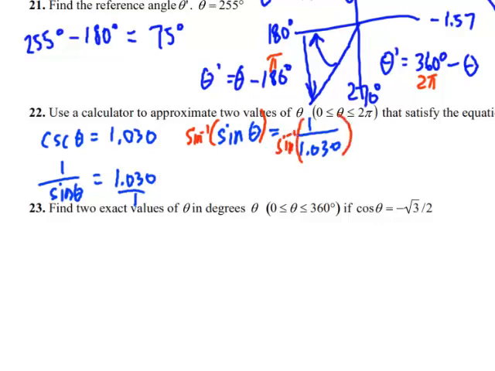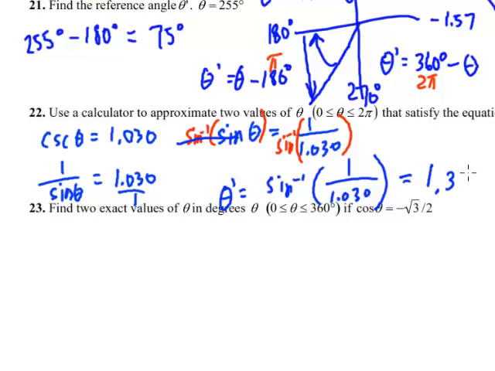So I really have theta is equal to the arc sine of 1 over 1.030. In doing that on my calculator, I get a reference angle of about 1.3289.